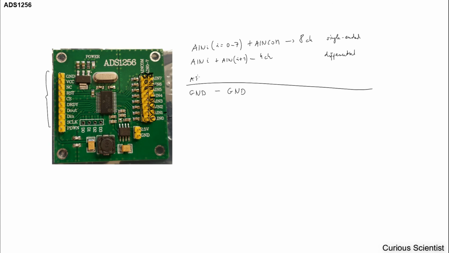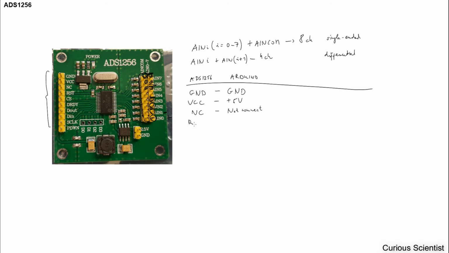This is the ADS and this is the Arduino. On this side you have VCC, and that should be plus 5 volt. This is the plus 5 volt output of the Arduino. Then NC is not connected, so just don't connect it anywhere.